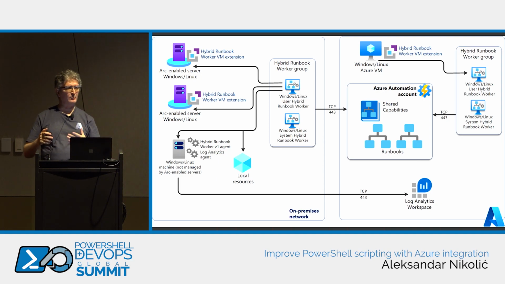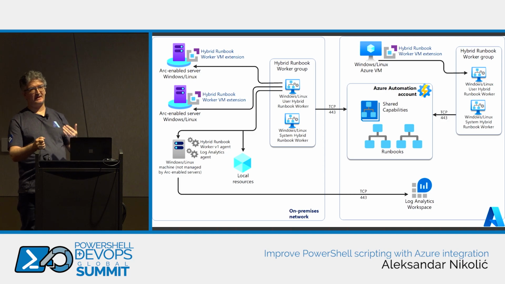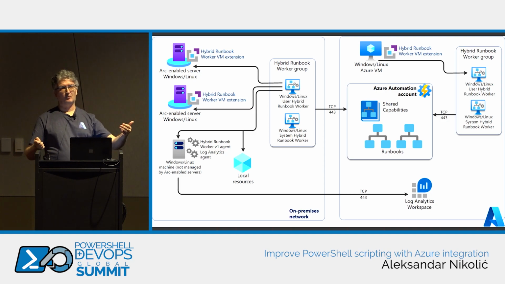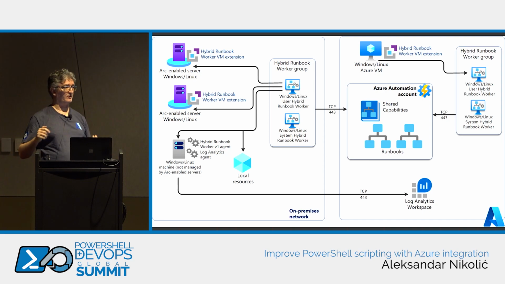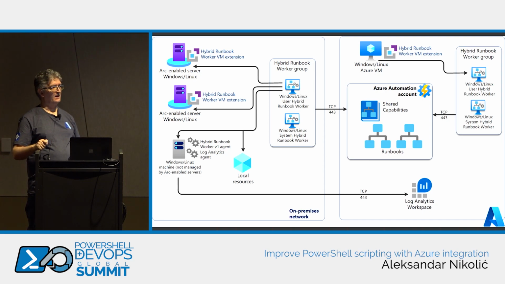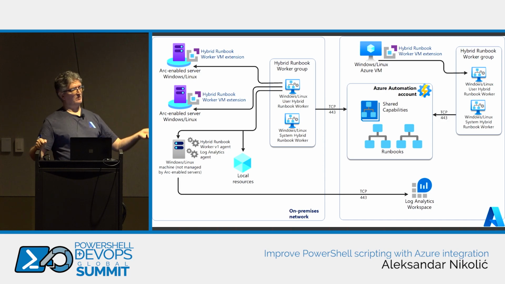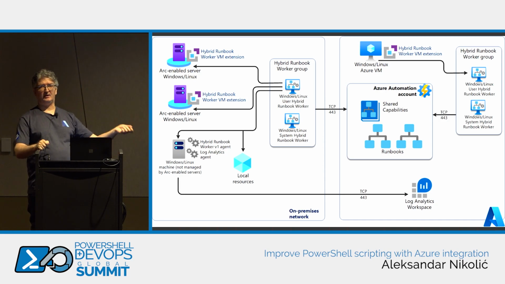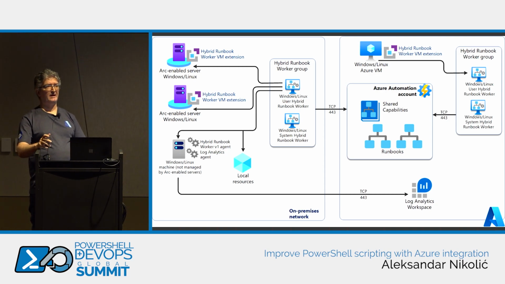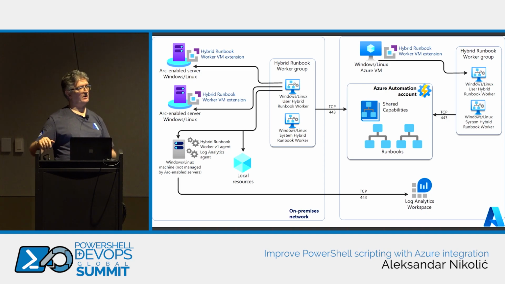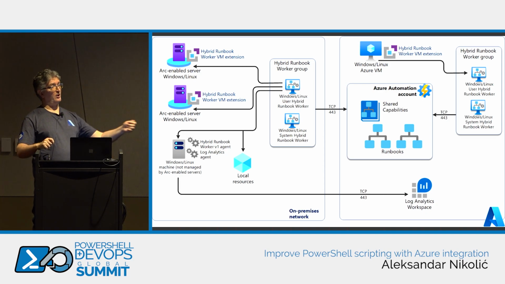So for example, how do you deal today when you need to send an email with the results of your script executions to inform your admins about problems with the script or just with the results? You need to rely on some cmdlets that will do that, and we have some recent changes where one of them is deprecated, so you will need to go other ways. But in Azure, if you have all this set up, then you can use Azure Logic Apps.